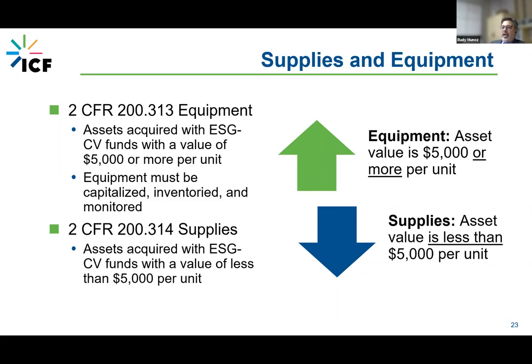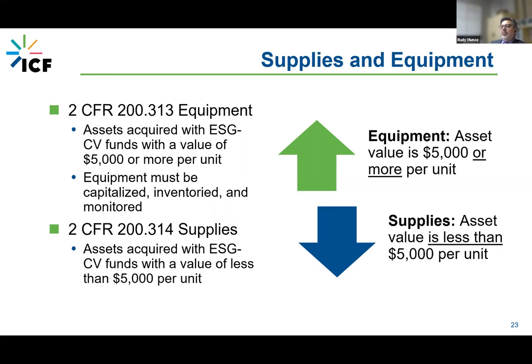Supplies, on the other hand, is defined as tangible personal property other than those described in the definition of equipment that I just read. And so if it is not equipment, then you can classify it as supplies, and that's basically what that definition is saying.